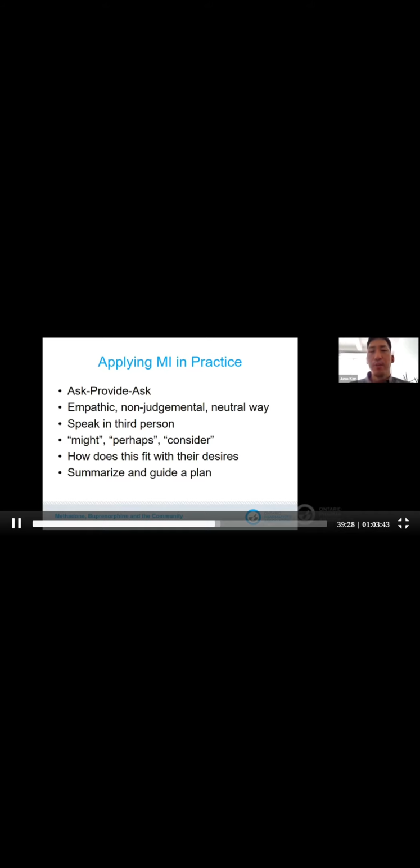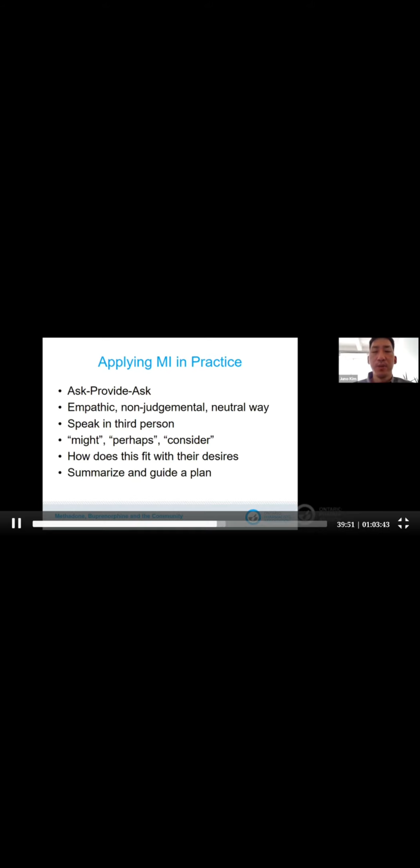When we are applying MI in practice, we use ask, provide, ask. So we're asking them a question, providing input or a response, and then again asking another question afterwards. The key is to be empathetic, non-judgmental, and speak in a neutral way.